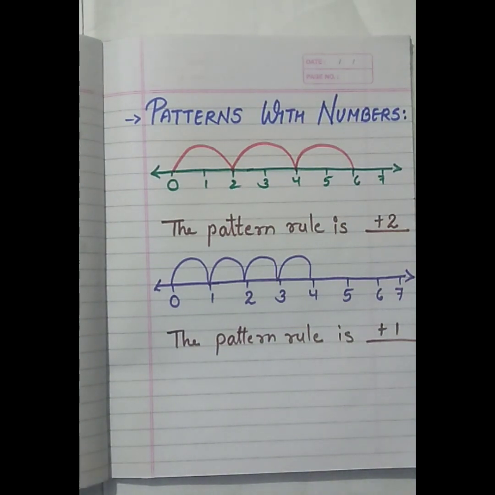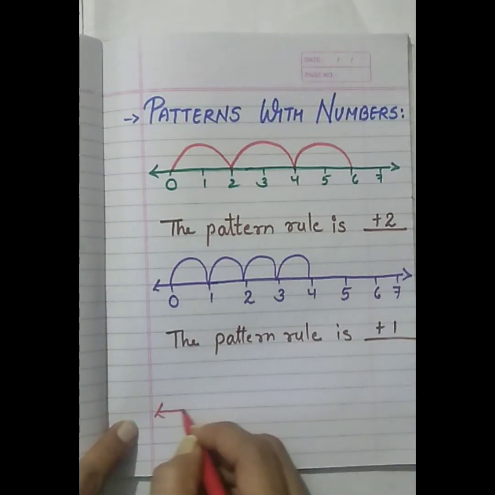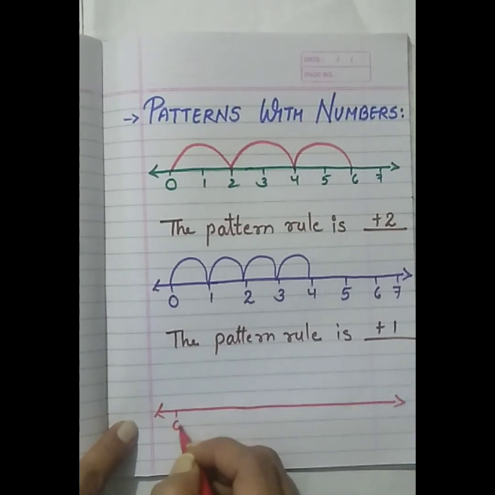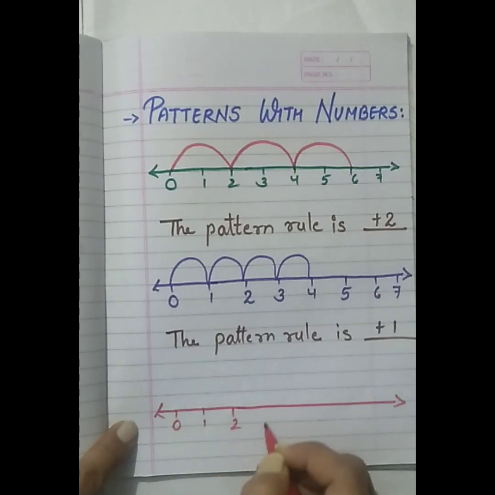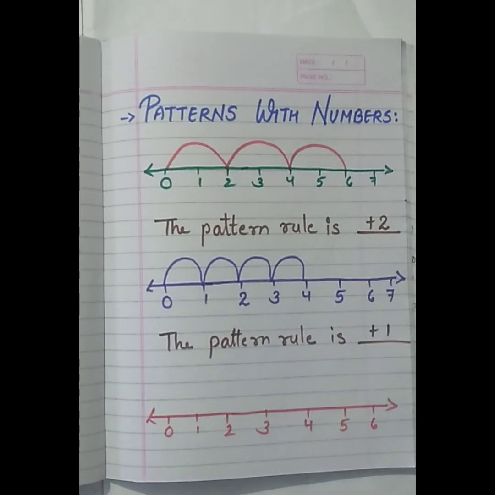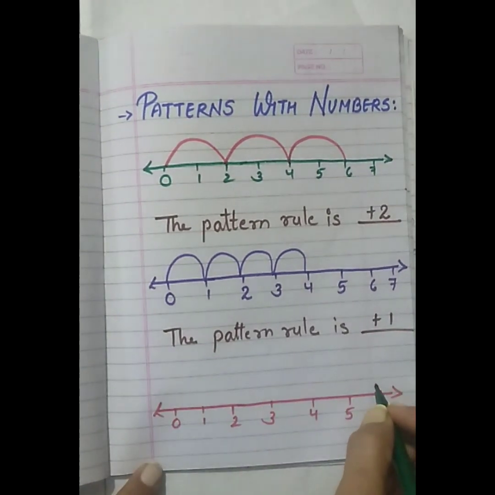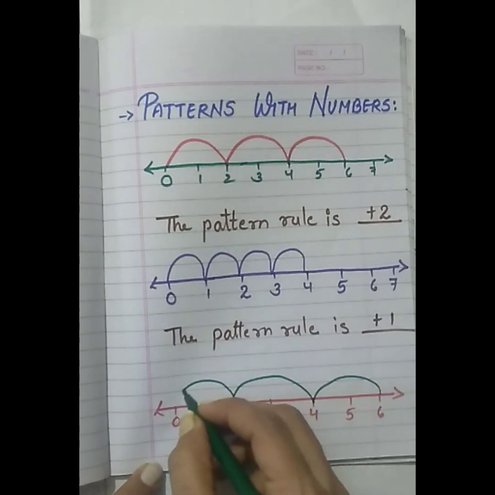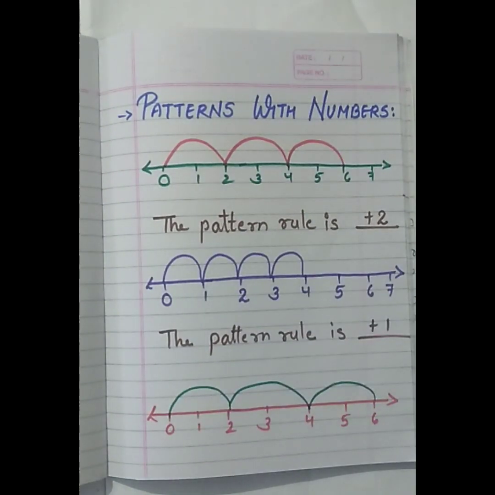Okay. Now, let us see one example where the number decreases, where we will do the skip counting. Now, here I have started from 6. If I start from 6, can you see what pattern is followed over here?